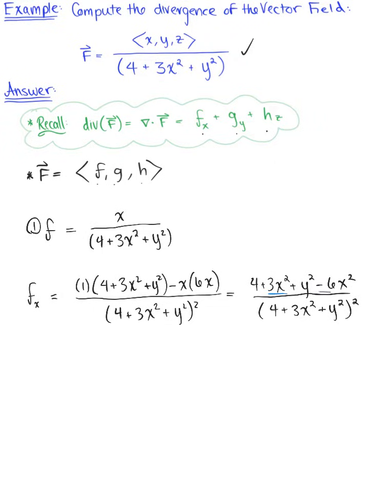We have this 3x squared and a minus 6x squared for a beautiful final answer here of 4 minus 3x squared plus y squared, all divided by the denominator 4 plus 3x squared plus y squared, squared. And again, although these terms look similar, I want you to note that in the numerator we have a minus 3x squared, and in the denominator we have that plus 3x squared. So we can't cancel any terms, and so this is our final answer for the partial derivative of f with respect to x.